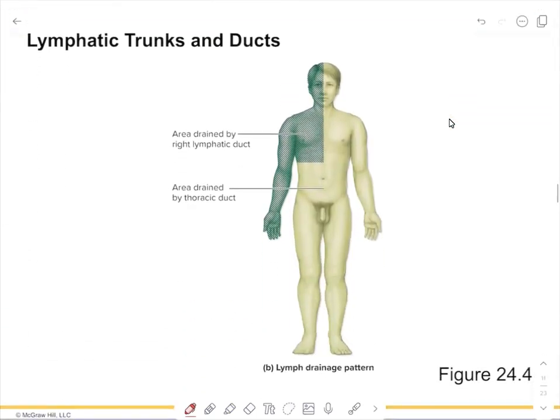This is showing the lymphatic drainage for different parts of the body. Basically, the largest region of the body is drained by the thoracic duct.